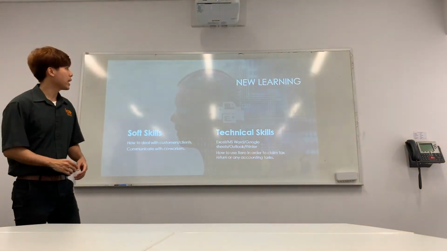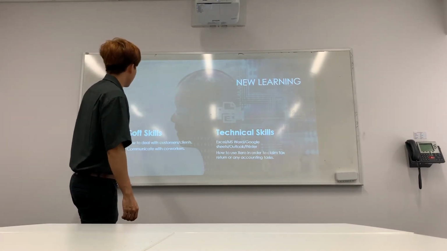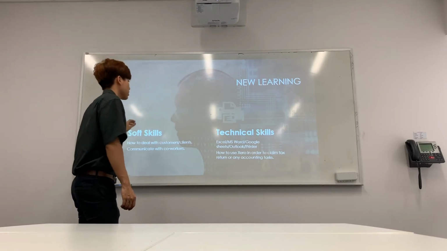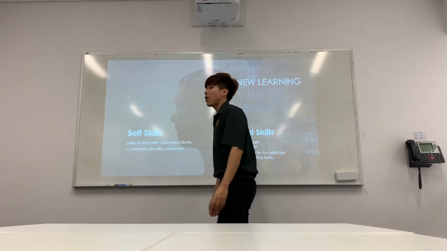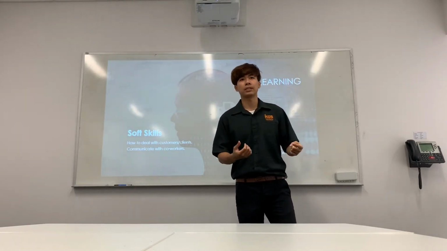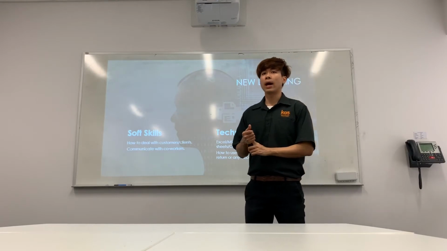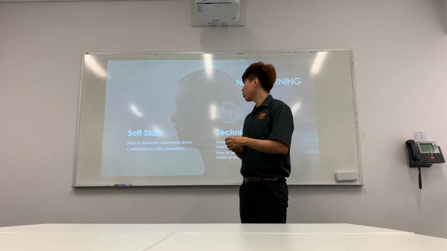The next one is still the new learnings, but the new skills I have learned are soft skills and technical skills. For the soft skills, I know how to deal with customers via email, or sometimes if it is an emergency, I can contact them via telephone.